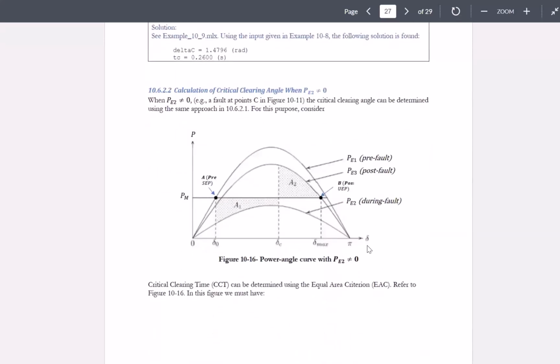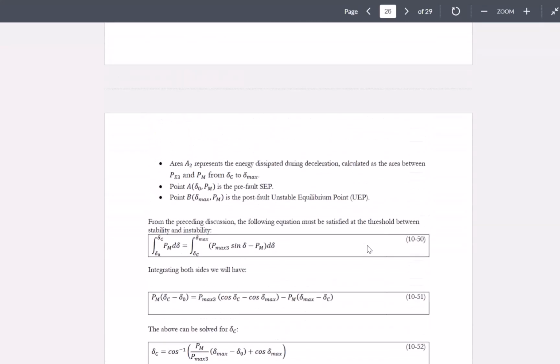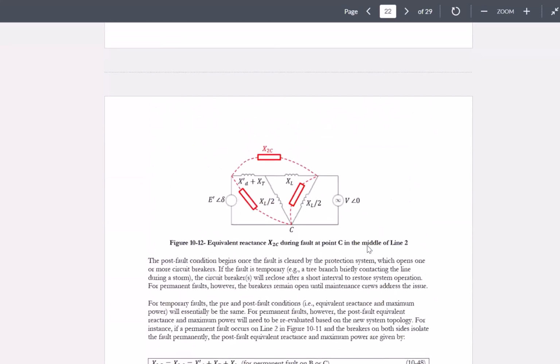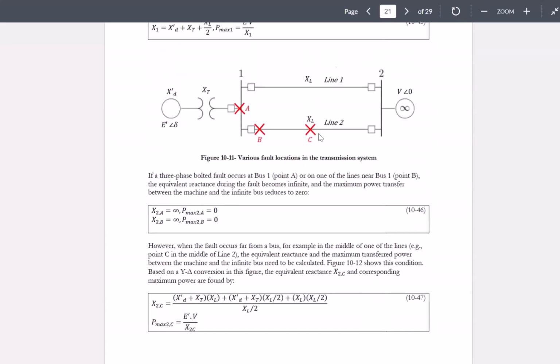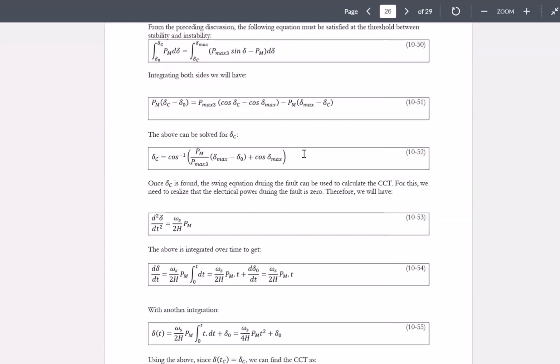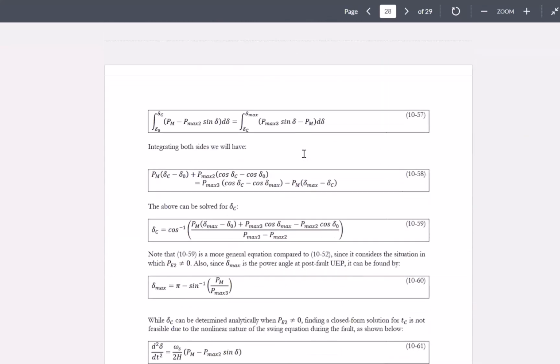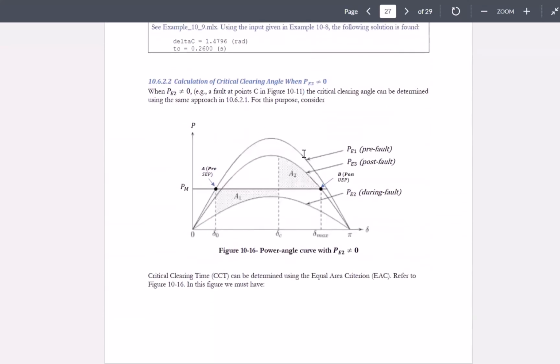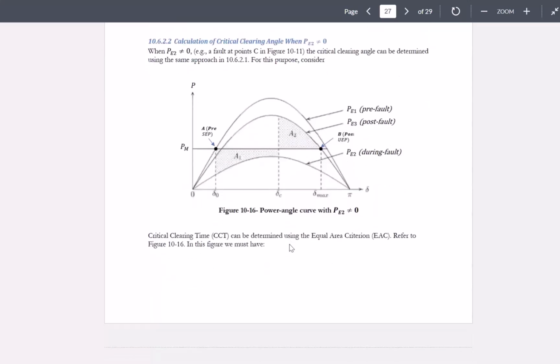Now, under the case that PE2 is not 0, which means something like this scenario, when the fault happened at point C, the PE2 value was not 0. Under these circumstances, we can find the critical clearing angle, delta C, again by equalizing these 2 areas, but the critical clearing time cannot be found, okay?